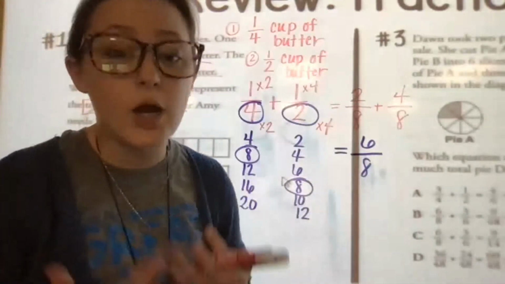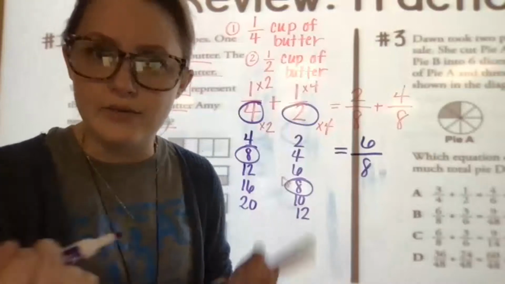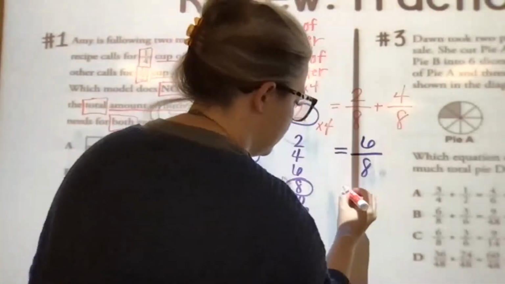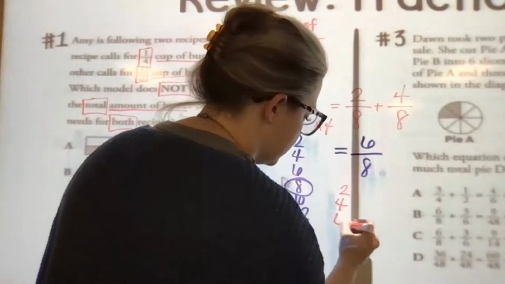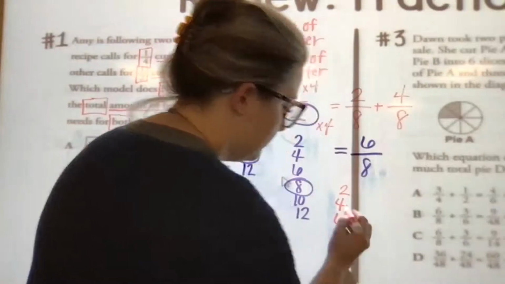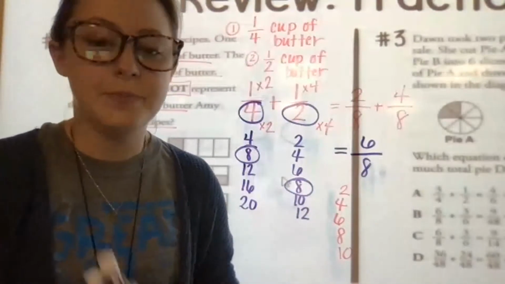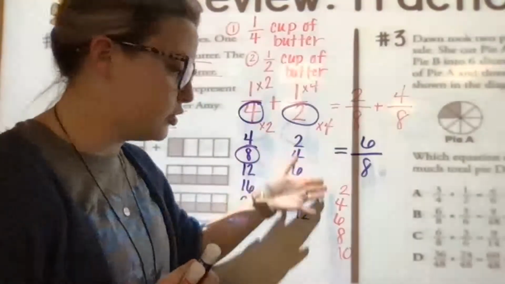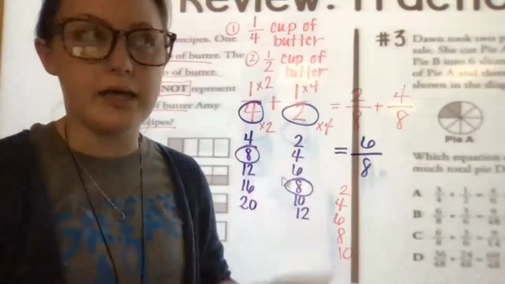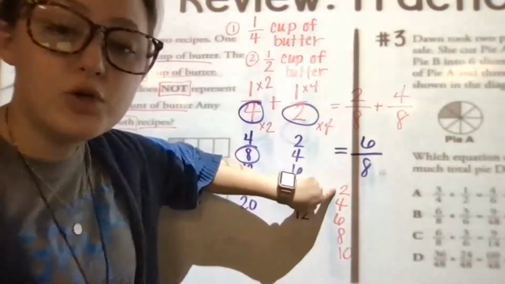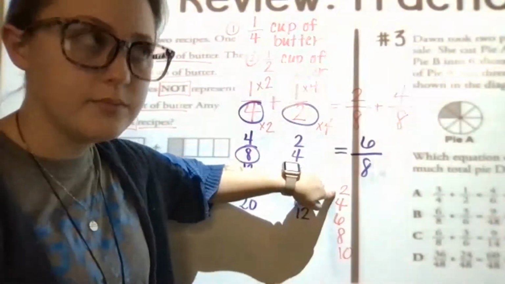Well, I know that 6 and 8 are both even numbers, so I'm going to write out my even numbers. Well, let's do it in red. So we have 2, 4, 6, 8, 10. Okay, we don't really need to go any further because we already see 6 and 8. So we need to look through these numbers and see, okay, can this number go in both of them? Can 2 go into 6 and 8?